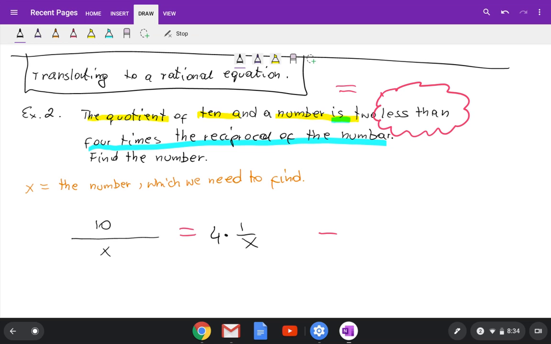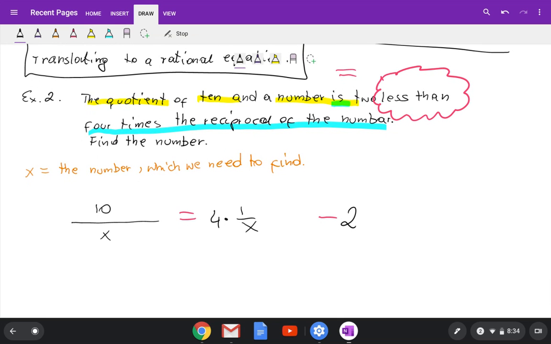Now I'm going back to this part. Is, which means our equal sign, 2 less than 4 times the reciprocal of the number. So 4 times the reciprocal of the number minus 2. When you see less than, that means switch the order. So you technically read that part of the sentence backwards. Okay, so we have it.